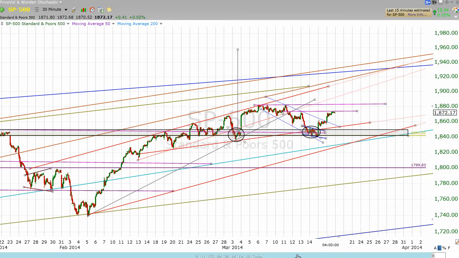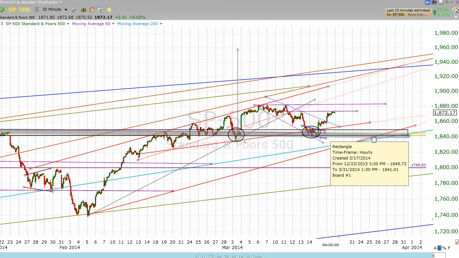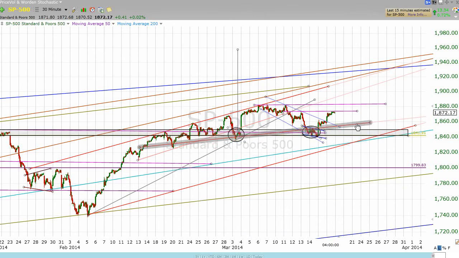Now, you might say, well, this is all totally 100% bullish. No, because we still need to watch this general area down here for support. Okay, let me show you why. I'm going to move this line just a bit.